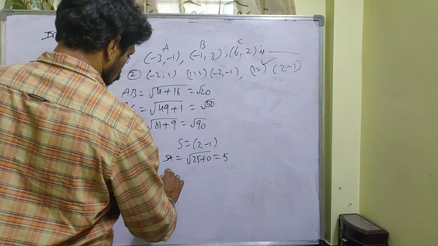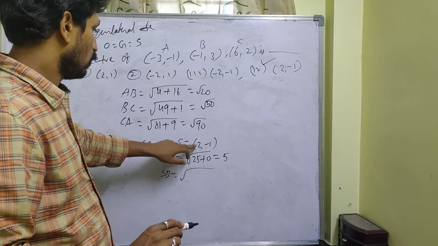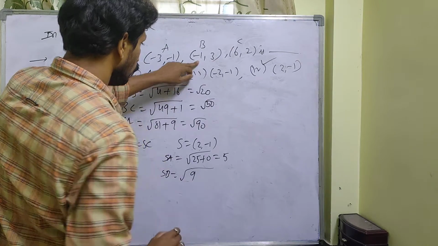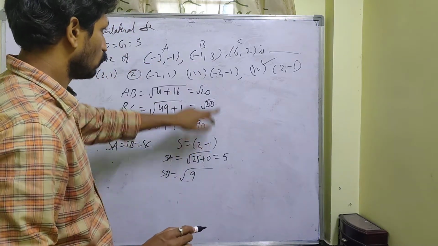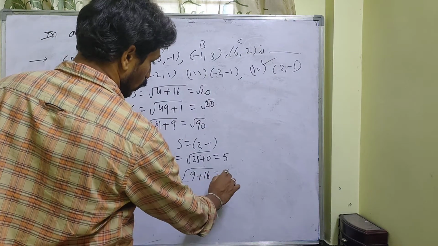Next SB is root of (2 plus 1) whole square, that is 9, plus (minus 1 minus 3) whole square, that is minus 4 whole square, 16. Root 25, this is also 5.